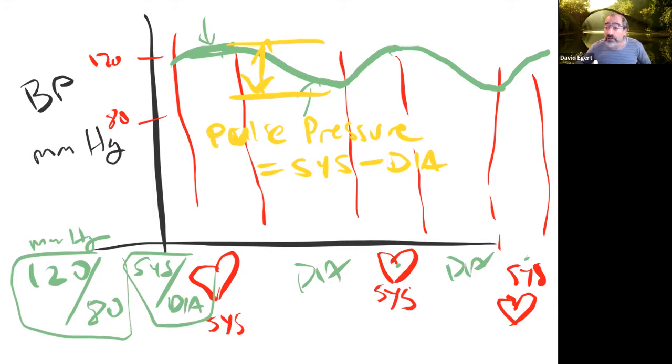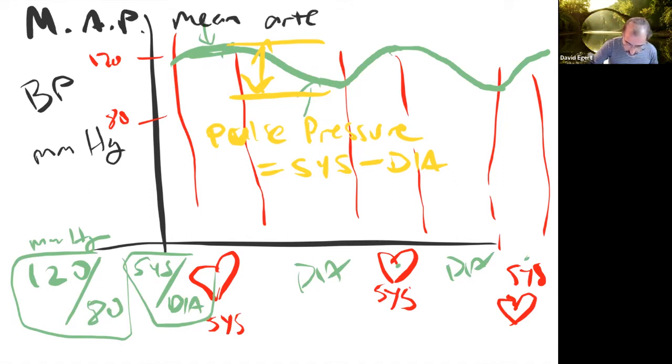And then the other thing that I mentioned was that idea of MAP, mean arterial pressure. Sometimes we want to just have one number that we can use. It just makes life easier when you're trying to talk about someone's blood pressure.